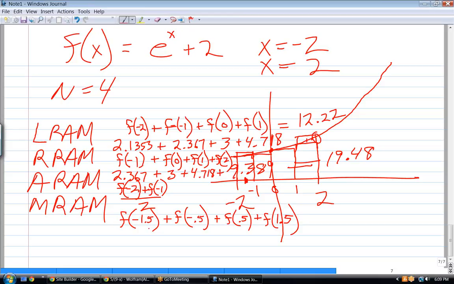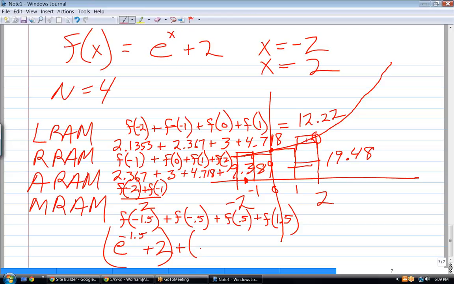What is f of minus 1.5? It's e to the minus 1.5 plus 2, whatever that number is. And the width of the rectangle is still 1, so I don't need to evaluate that.